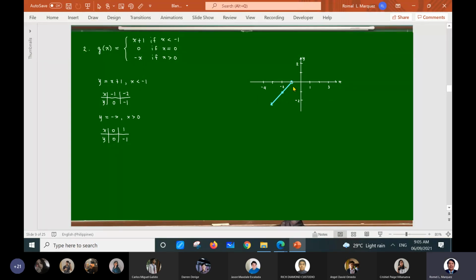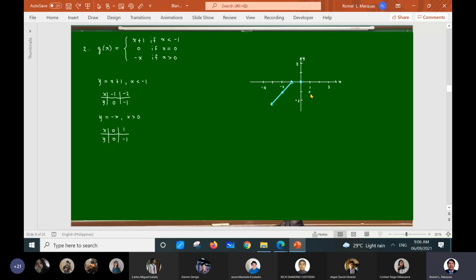And it goes downward without end, and to the left without end. But it stops right here, no? And then when x is 0, y is 0. So somewhere here. Correct, guys? What about when x is 0 here? It starts here, but when x is 1, y is negative 1.